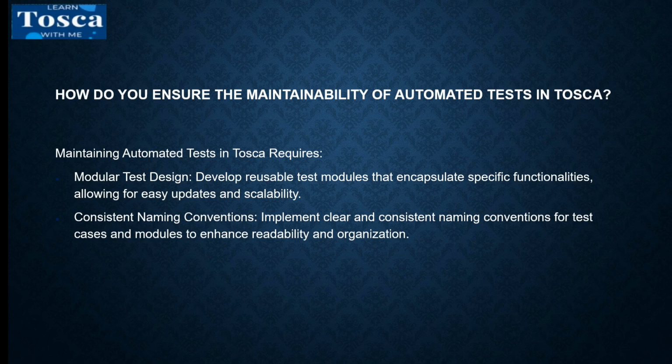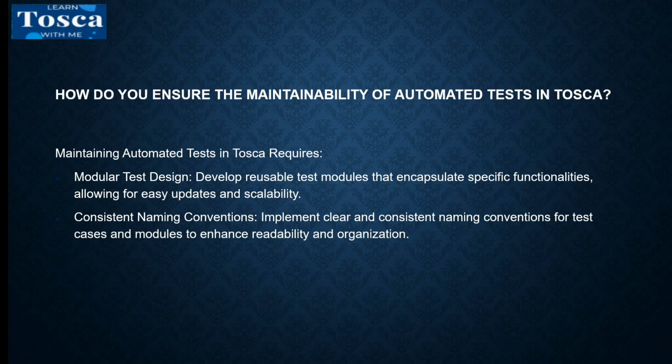Tomorrow you leave the organization and a new person comes. If he sees the script without a naming convention, it will be difficult for him to understand. He has to go inside each step and see what you have done in that step.